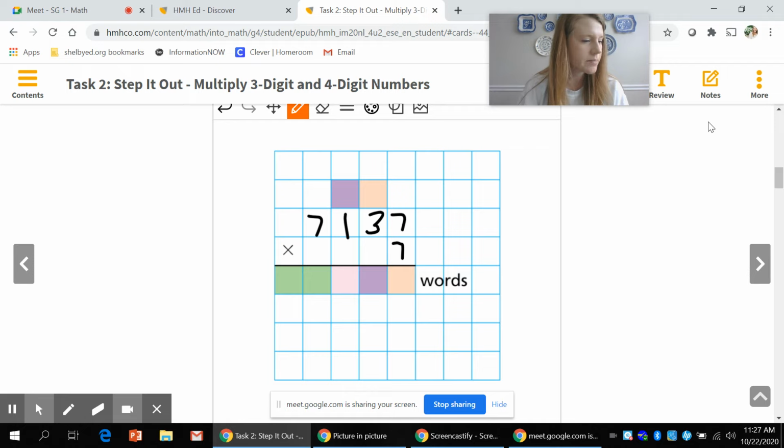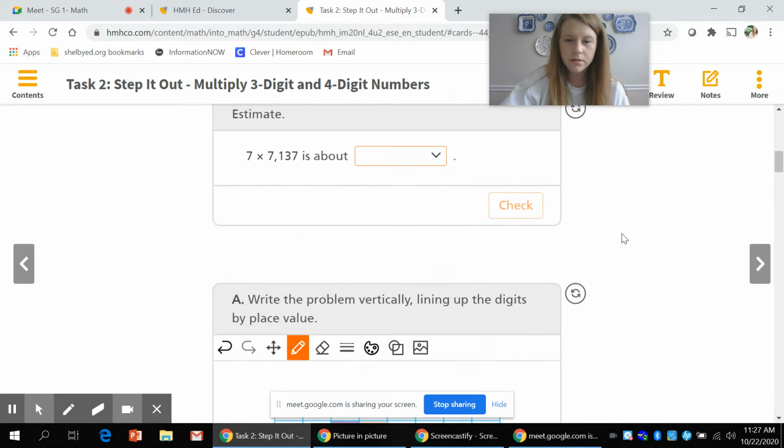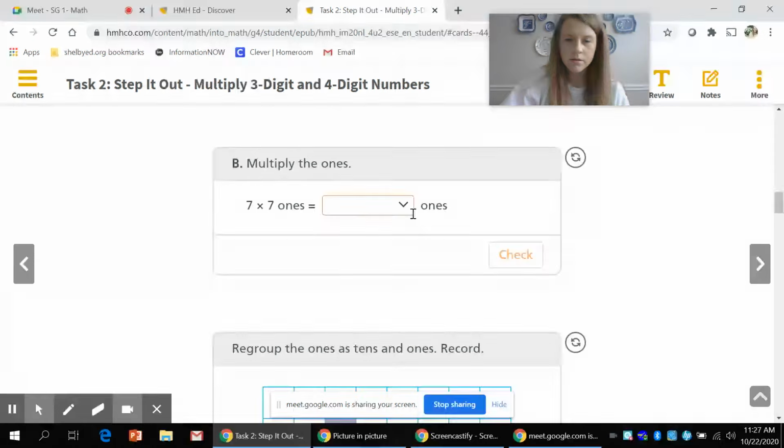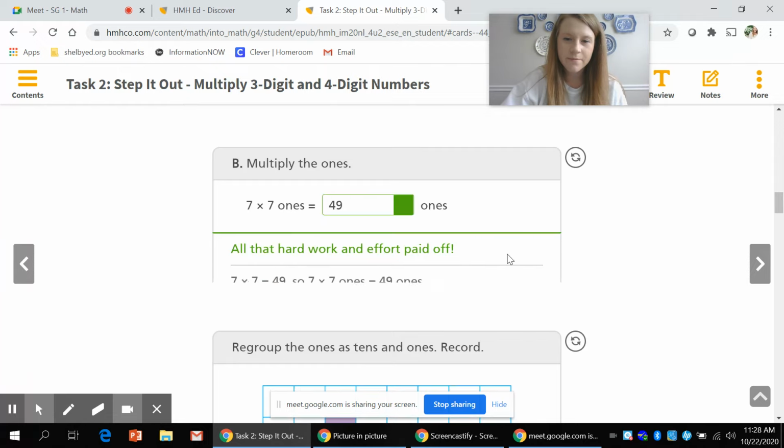Then it says on B, multiply the ones. 7 times 7 ones is equal to how many ones? What's 7 times 7? Good, 49.